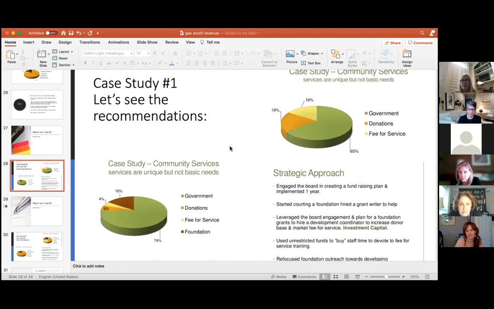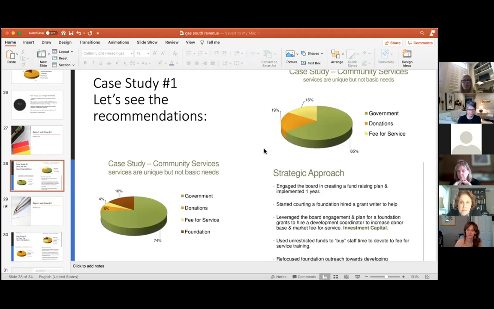They hadn't really considered doubling down on that, and it became a larger and larger component of their program, but also their revenue. And remember, autonomous revenue is relatively unencumbered, and so it allows them to invest in other areas, capacity for government, capacity for increasing the staffing needed to go after donations.